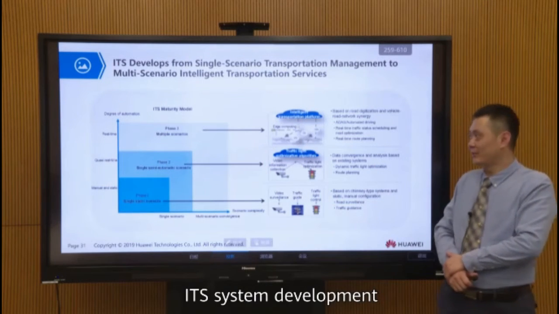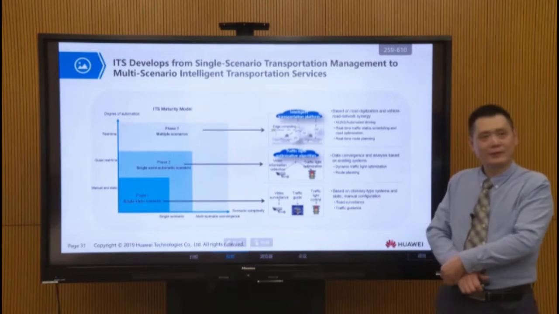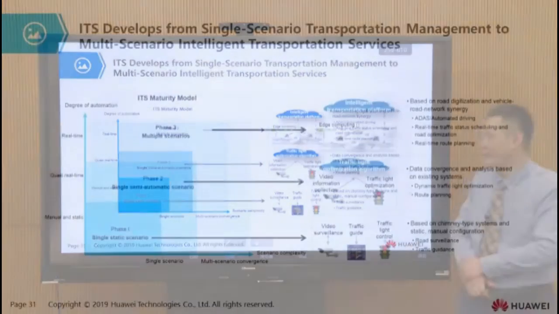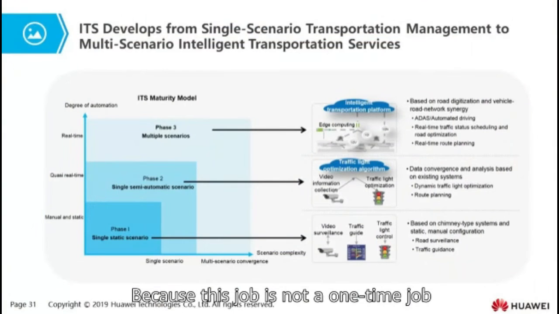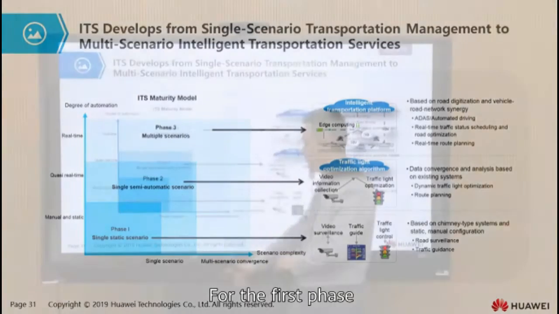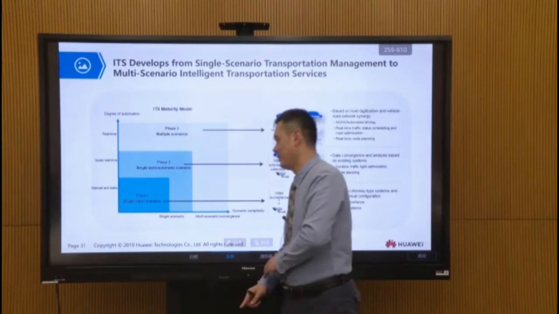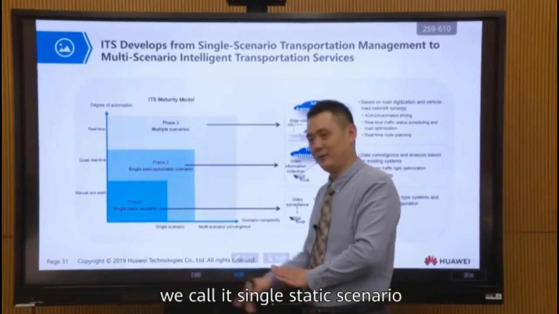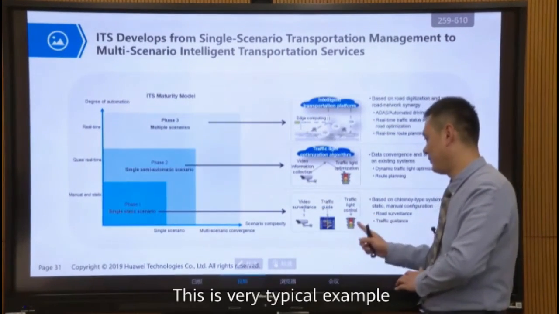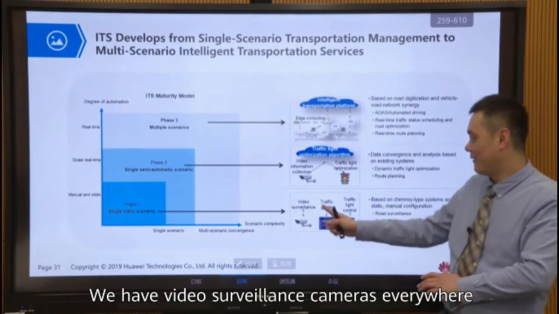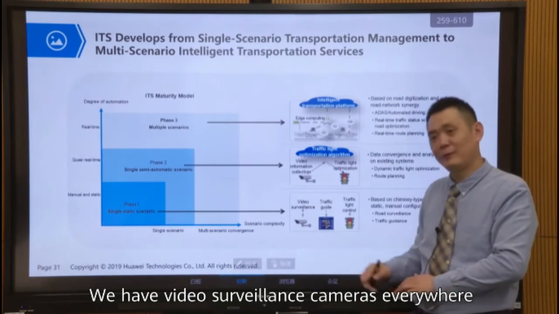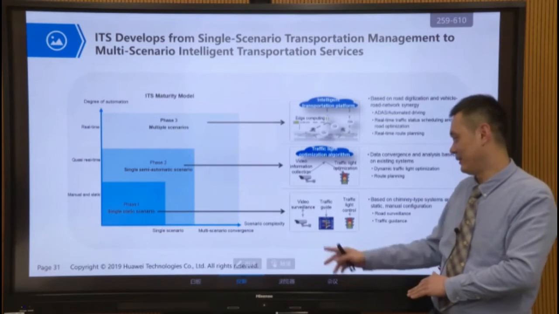The ITS system development, we will follow 3 phases because this job is not a one-time job, it is step by step, phase by phase. The first phase we call a single static scenario. This is a very typical example. We have video surveillance cameras everywhere, especially now in China.